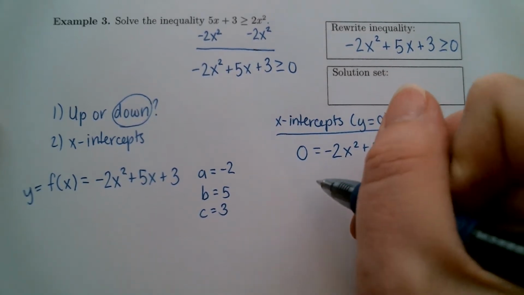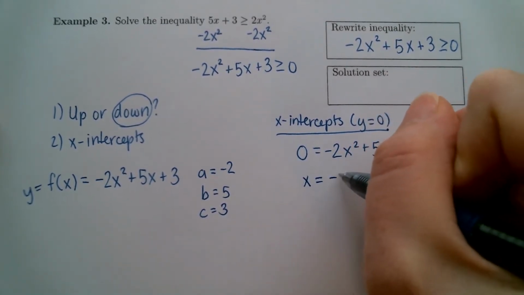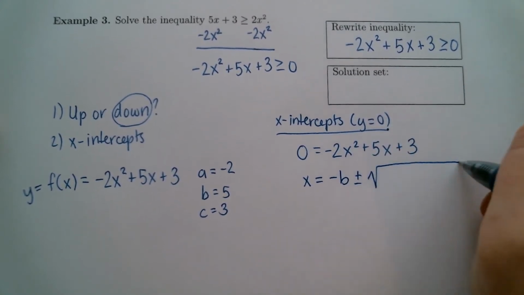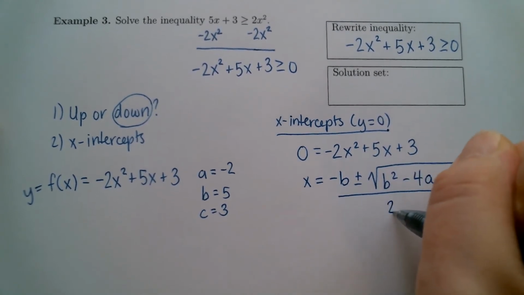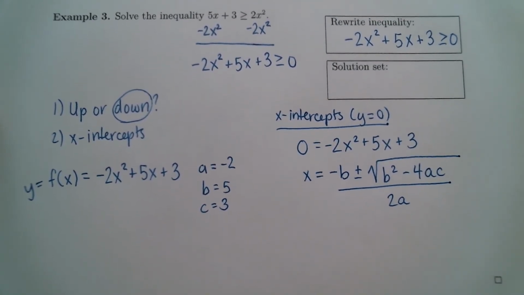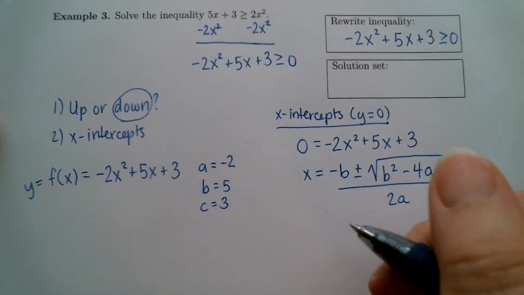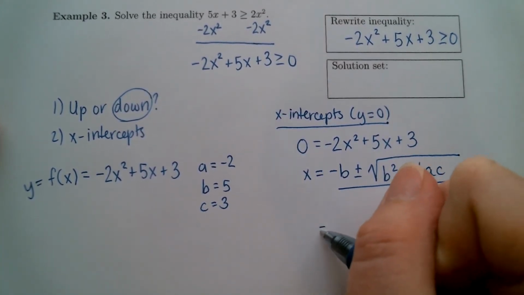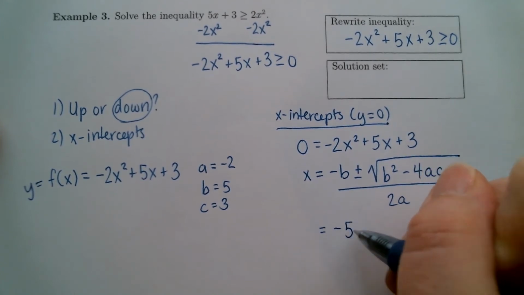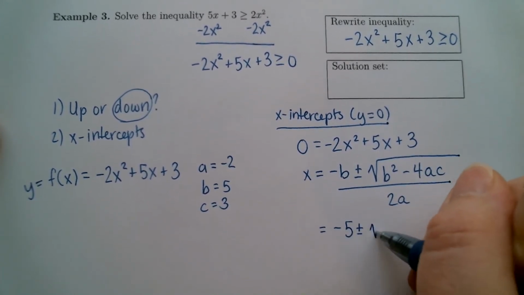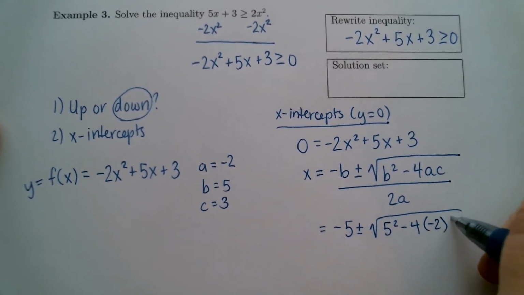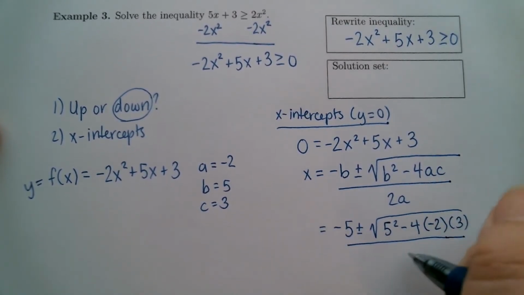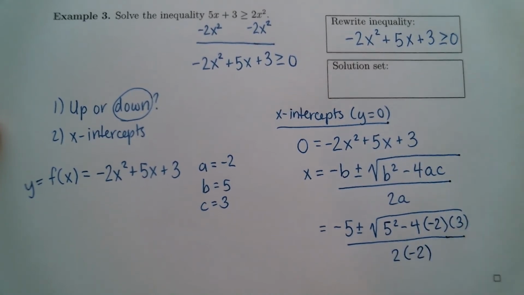I'm going to plug into x equals negative b plus or minus the square root of b squared minus 4ac, all over 2a. We already know the a, b, and c. So we get negative 5 plus or minus the square root of b squared minus 4 times a times c, all over 2a.